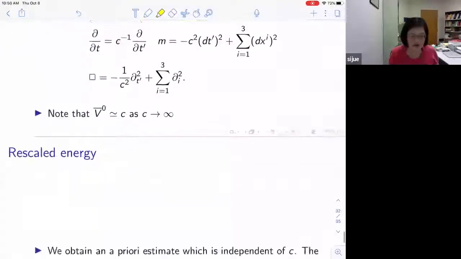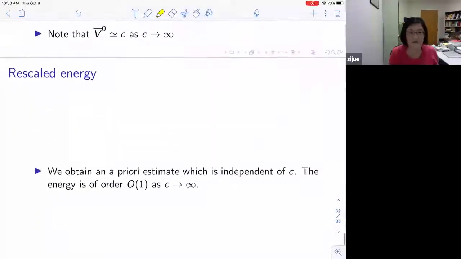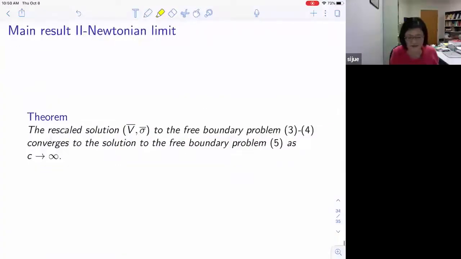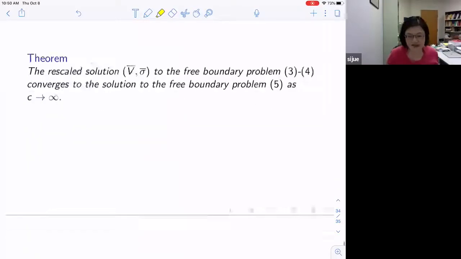We then show that the rescaled solution goes to the solution of the Newtonian equation. As the speed of light goes to infinity, the relativistic solution converges to the Newtonian solution. So, thank you.